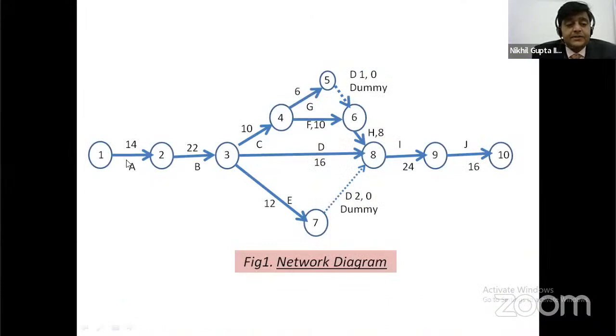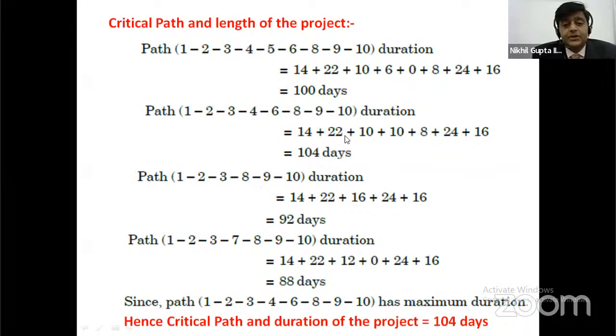The second path is event 1, 2, 3, 4, 6, 8, 9, 10. This path takes 14, 22, 10, 10, 8, 24, 16, which is equal to 104 days.